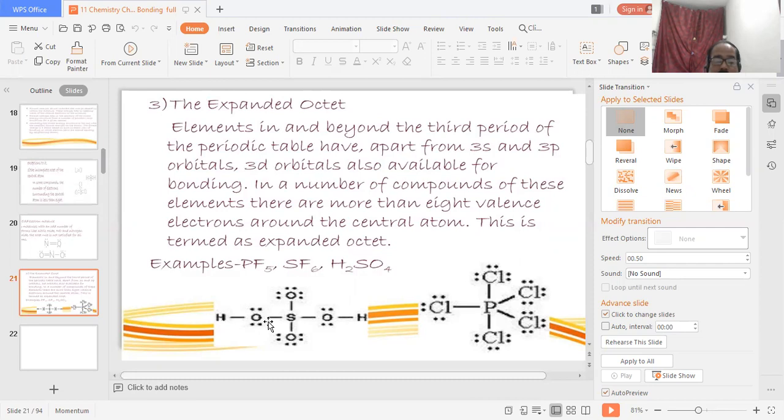Here oxygens with 6 electrons are present, and also hydrogen 1. So in this case, sulfur participates here 2, here 1, 3, 1, 4 and 2, 6. So these atoms participate and make covalent bonds.